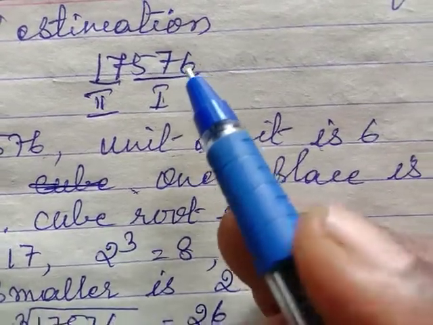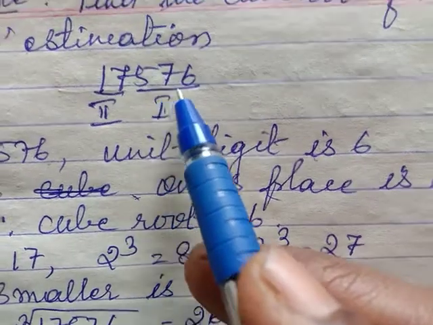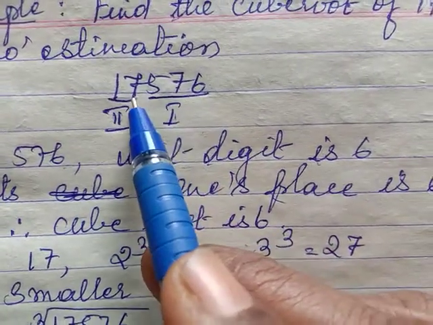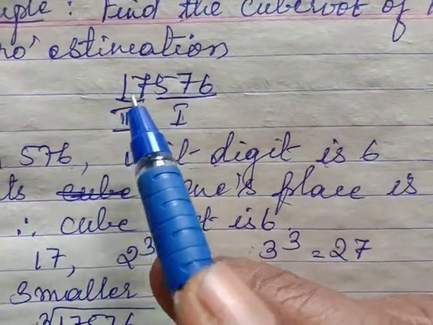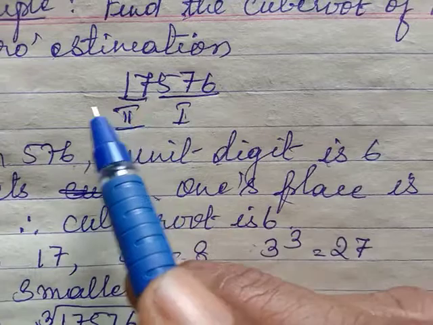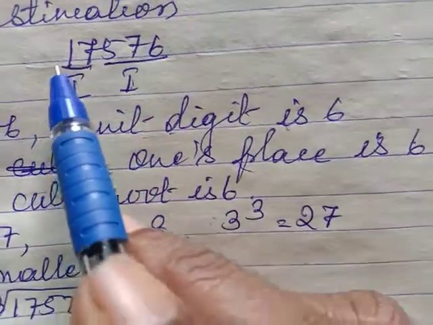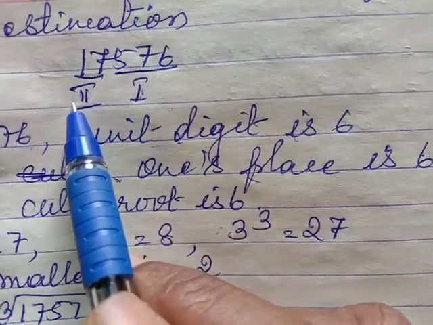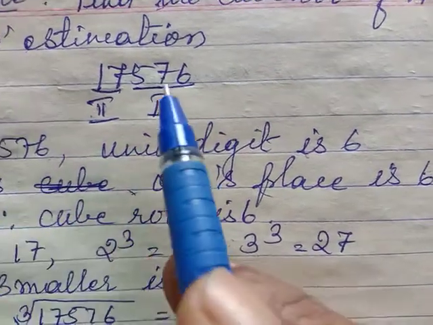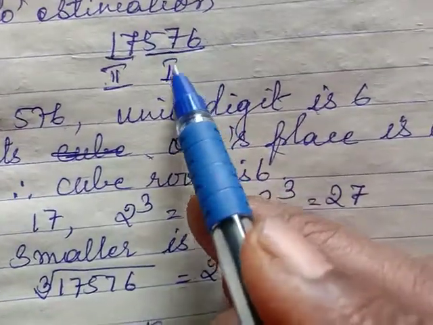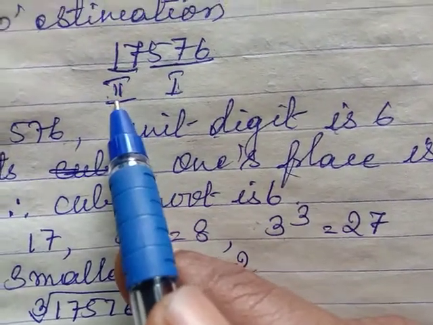From the right when you start, you have to group 3 digits. Then whatever remains becomes the second group, whether 1 digit, 2 digits, 3 digits or 4 digits. Here in the first group we got 3, but in the second group we didn't get 3, so only 2 are there.